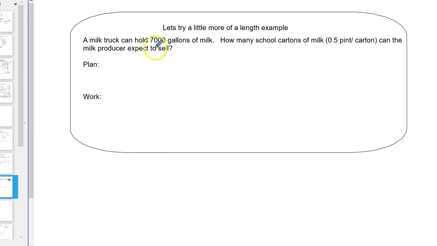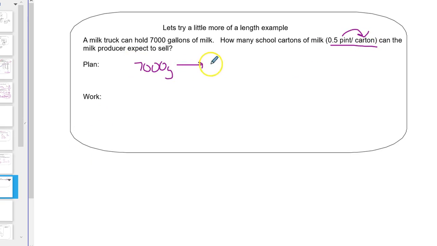A milk truck can hold 7,000 gallons of milk. How many school cartons of milk can the milk producer expect to sell? So a half pint of milk is equivalent to 1 carton. Again, we're not going to do a lot of these here. Let's come up with a plan. I have 7,000 gallons. I want to get eventually to cartons.